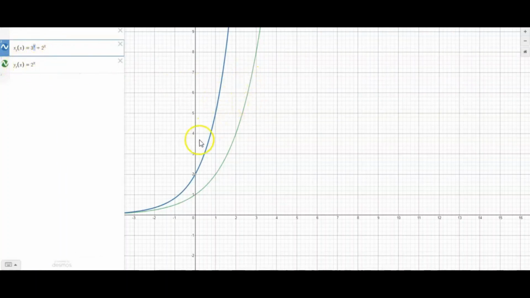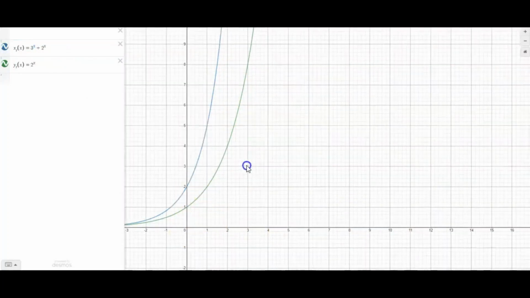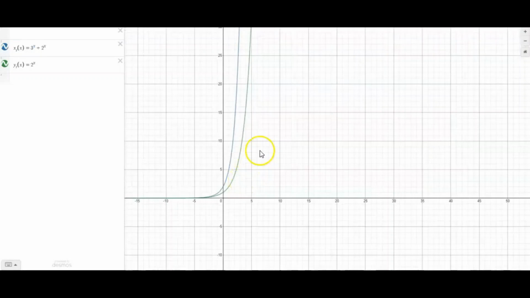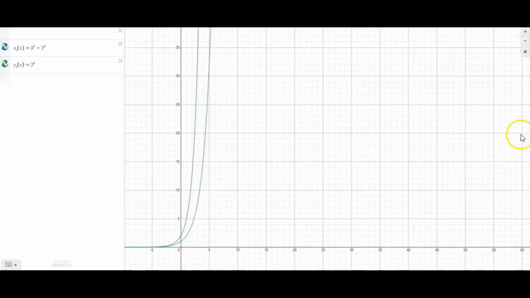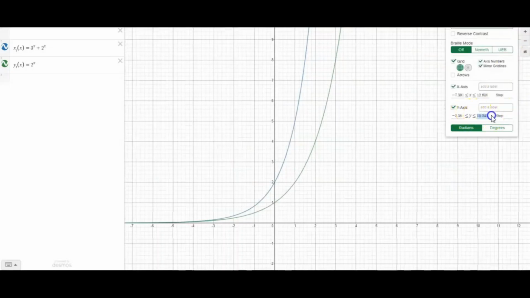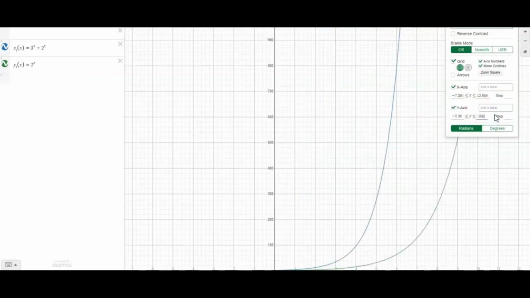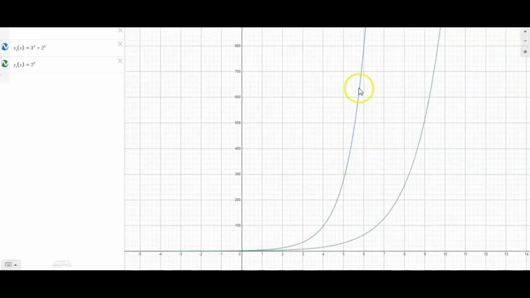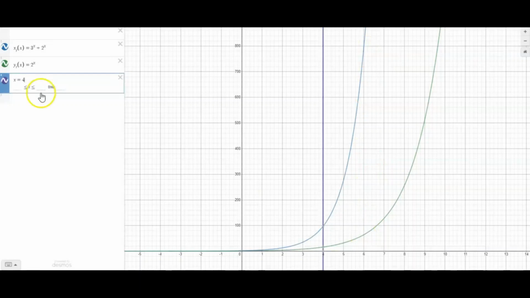The blue curve represents what's happening to my x component as a function of time, which is my horizontal axis. And you can see that these two curves are getting increasingly farther and farther apart. In fact, if I make the y scale larger, you can see that the vertical distance between the blue curve and the green curve at x equals, say, 4, is 97 minus 16 units apart.